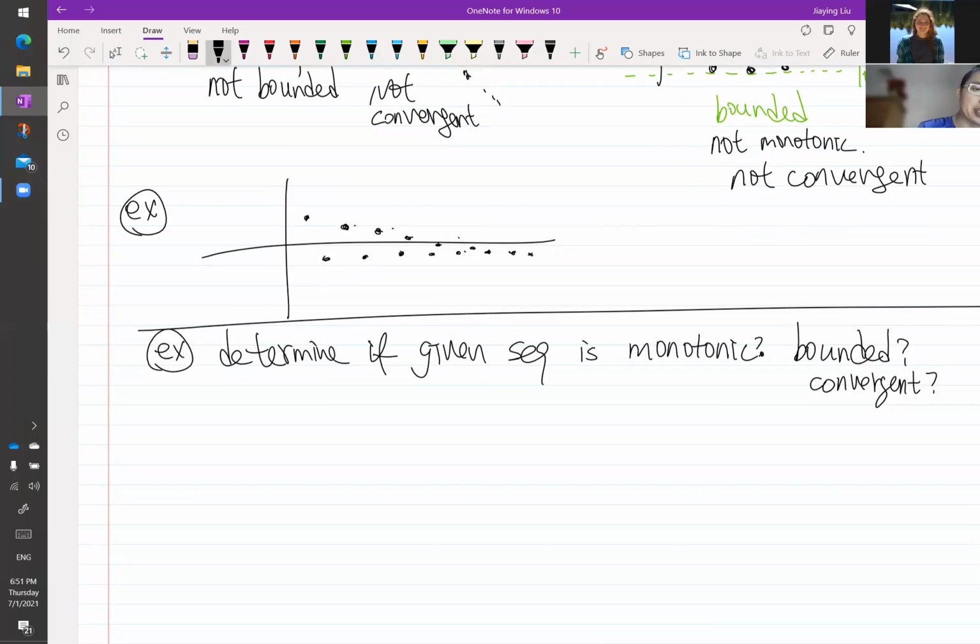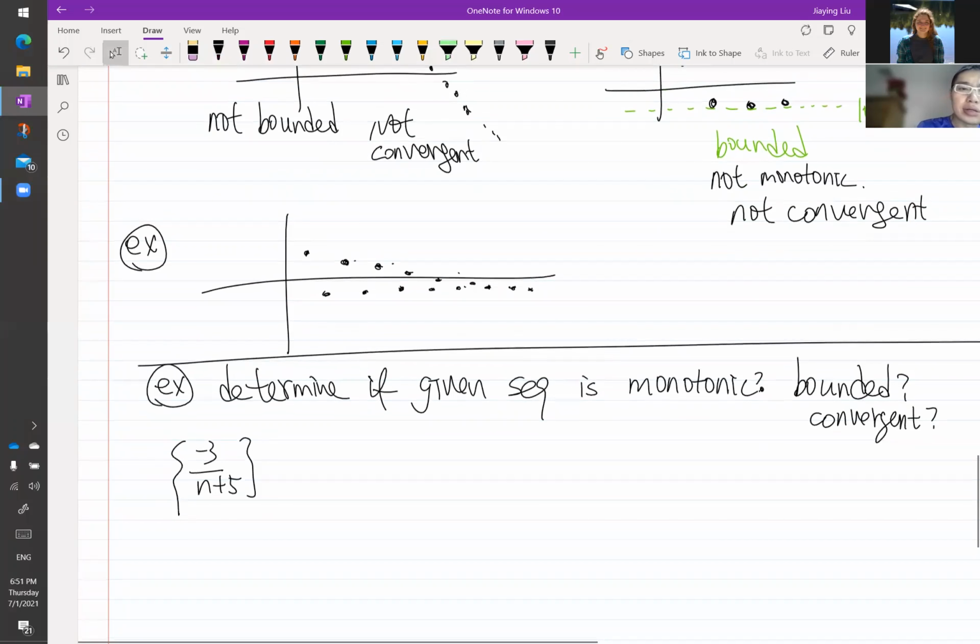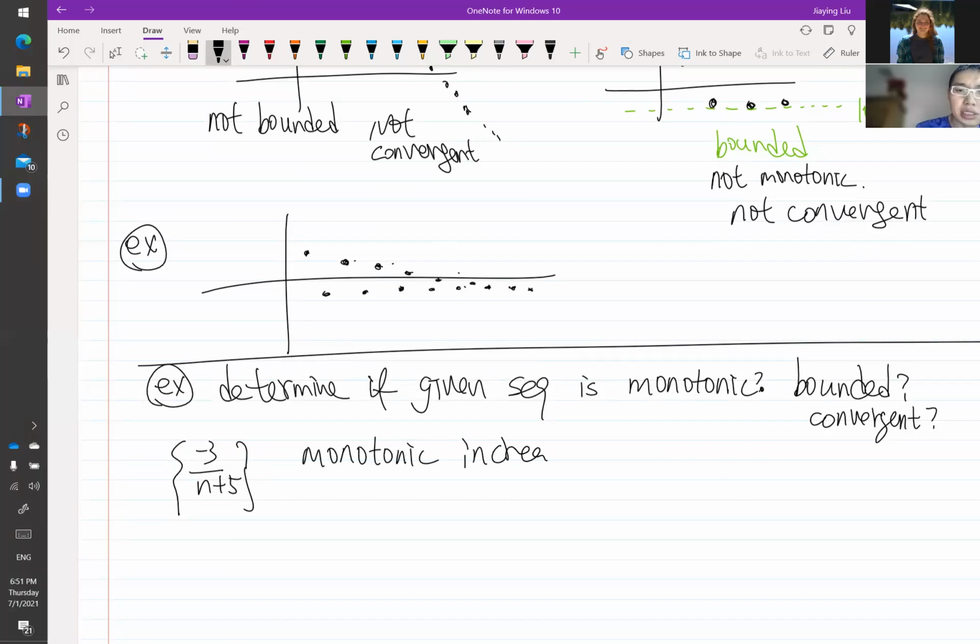I'm going to take the previous example that we already had, -3/(n+5). This one, we know, earlier we said it's monotonic increasing. That's what we showed earlier through a_n minus a_(n+1), right?